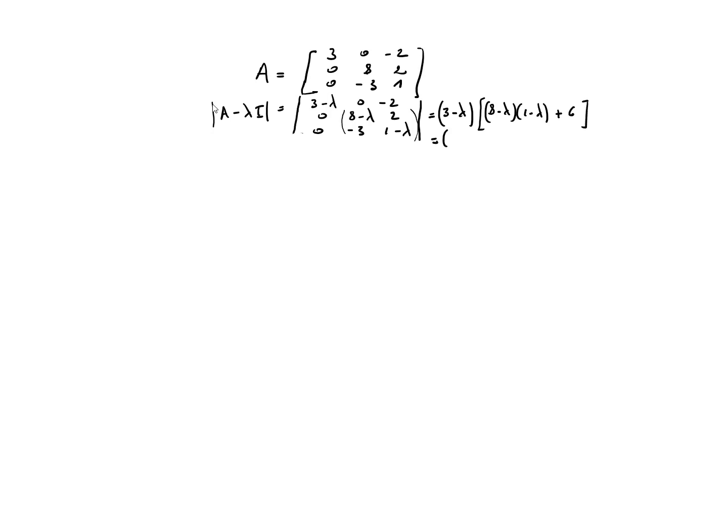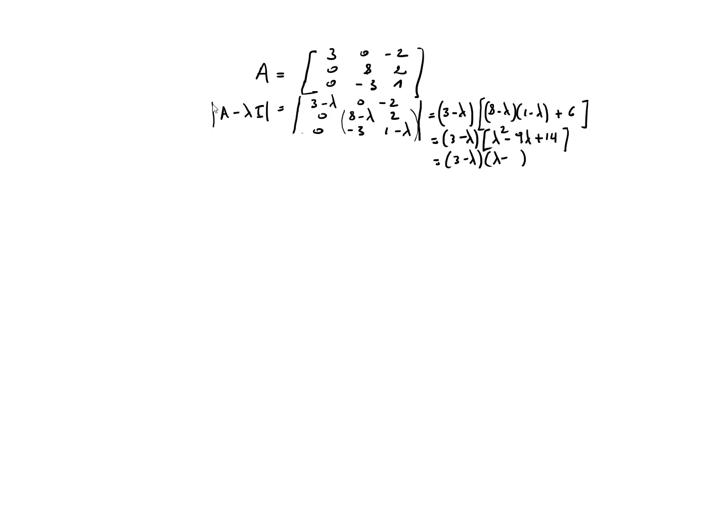This you can rewrite as 3 minus lambda times lambda squared minus lambda minus 8 lambda, so minus 9 lambda plus 8 plus 6, so plus 14.